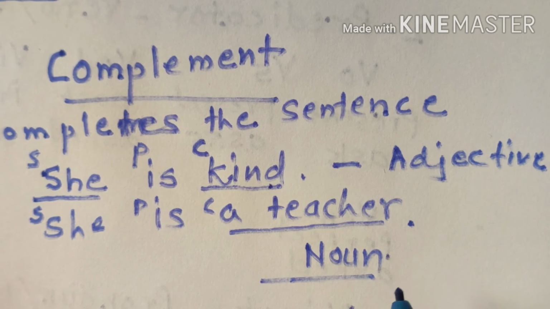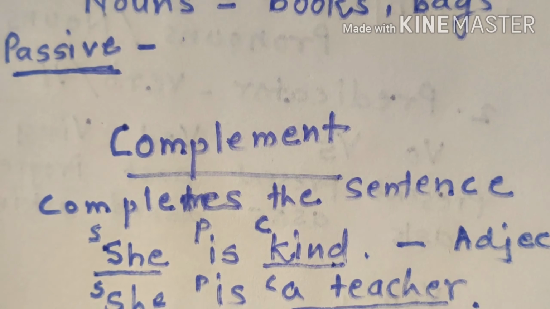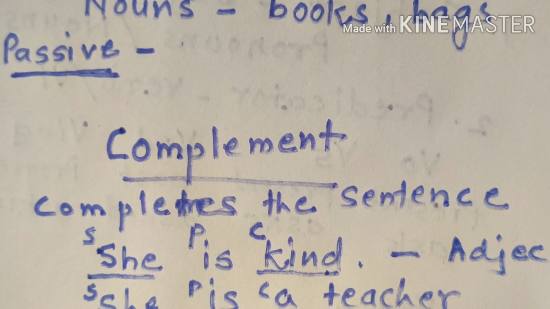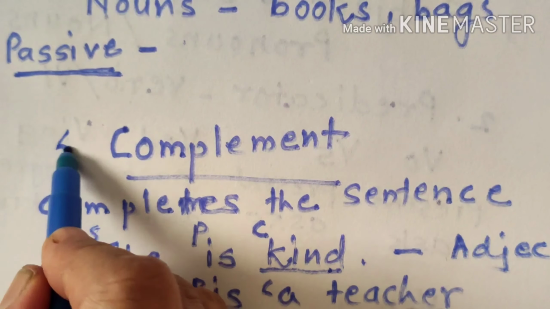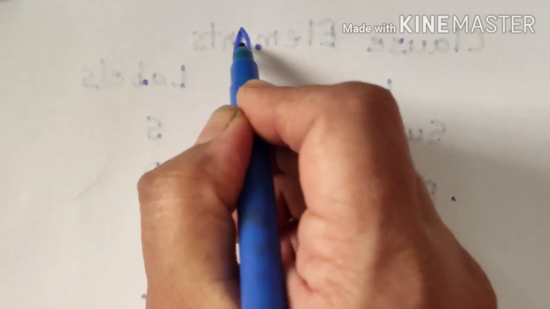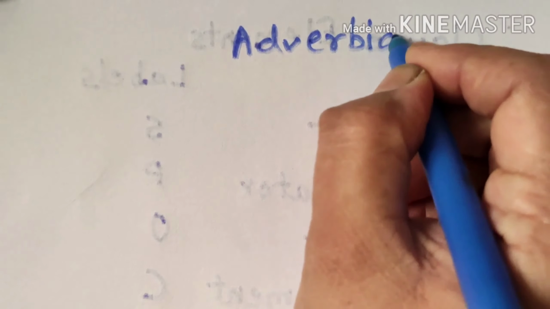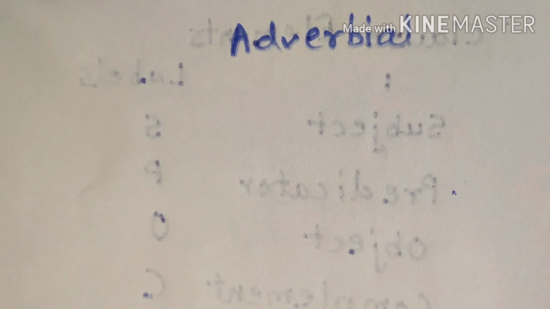Adjectives and nouns can be the complement in the sentence or in the clause. So we have seen that subject, predicator, object and complement are the elements. The fourth is the adverbial.